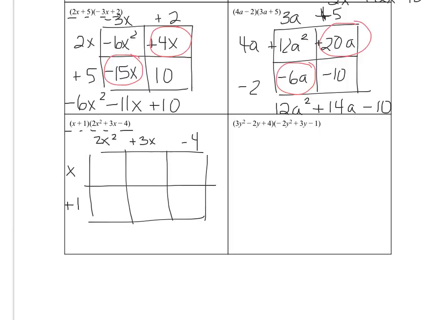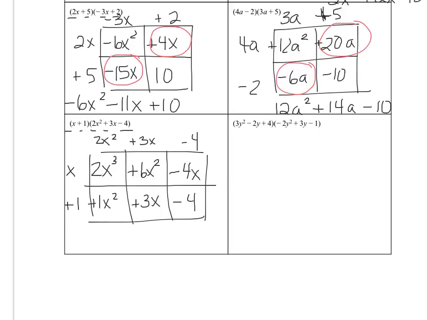So x times 2x squared, that's 2x to the third. X times positive 3x, that's positive 3x squared. X times minus 4, that's minus 4x. 1 times 2x squared, that's positive 2x squared. 1 times 3x, that's positive 3x. 1 times negative 4, that's negative 4.